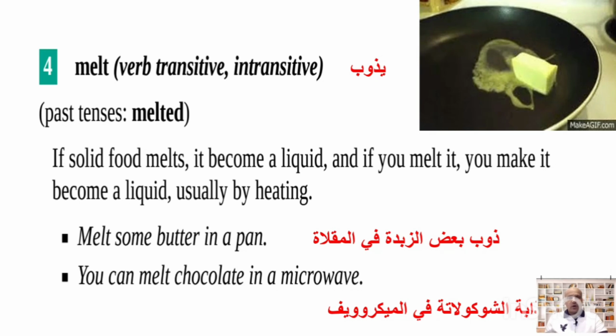The past tense of melt is melted, which means if solid food melts, it becomes a liquid. And if you melt it, you make it become a liquid, usually by heating.